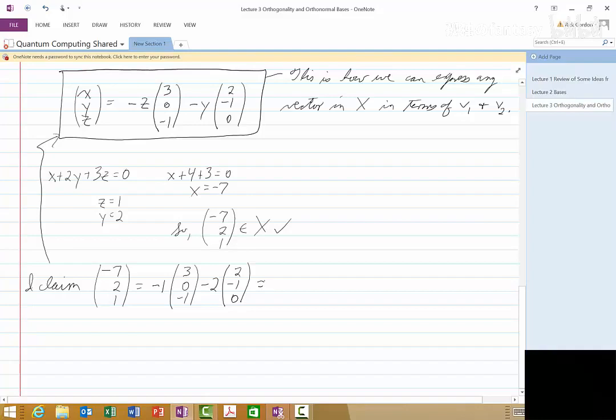Negative 1 times the first vector gives us (-3, 0, 1). And negative 2 times the second vector gives us (-4, 2, 0). When we add these two vectors together, we get (-7, 2, 1), sure enough. So like magic, this has all worked out.